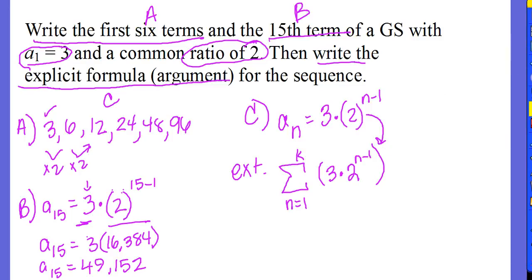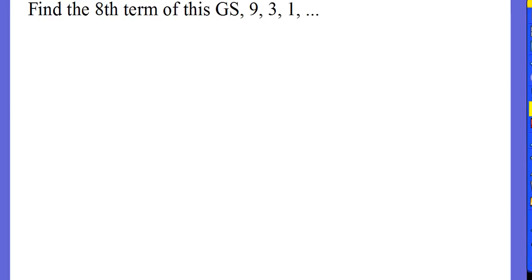Okay, all right. Next, find the 8th term of this geometric sequence that goes 9, 3, 1, dot, dot, dot. Now, of course, there's a lot of ways you could go about that. You could just work it out to 8 terms. But I say, let's do the a sub 8.